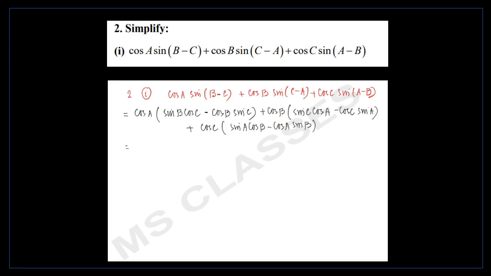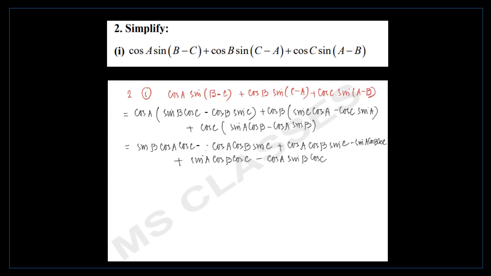So this is sin b cos a cos c minus cos a cos b sin c, plus cos a cos b sin c minus sin a cos b cos c, plus sin a cos b cos c minus cos a sin b cos c. Just multiplying this with this one.